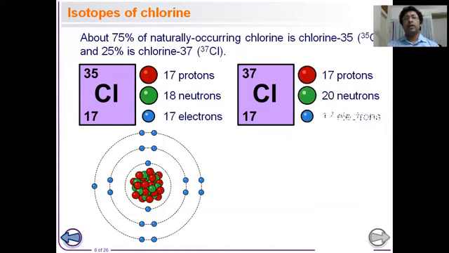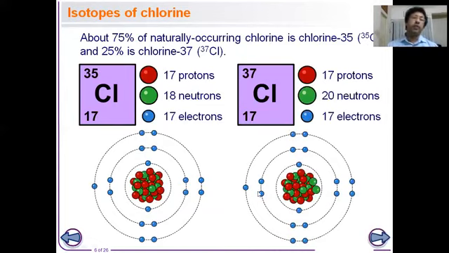So we can draw the two atoms of chlorine in this way. Okay, the proton numbers are the same, 17. Electron numbers will be the same as well, as atoms are electrically neutral. So the proton number and electron number should be the same. But then you can see the neutron numbers are different.